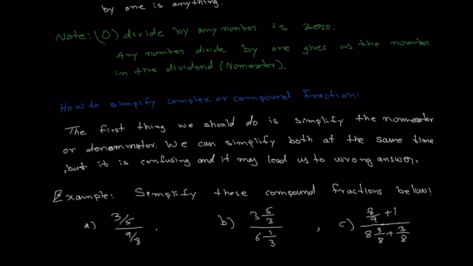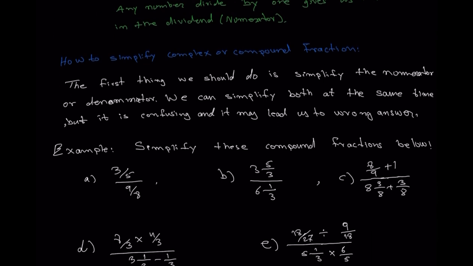The simplification process of a compound fraction: the first thing we should do is simplify the numerator or denominator. Pick one, you just simplify one, or you can do both at the same time, but it will be confusing.